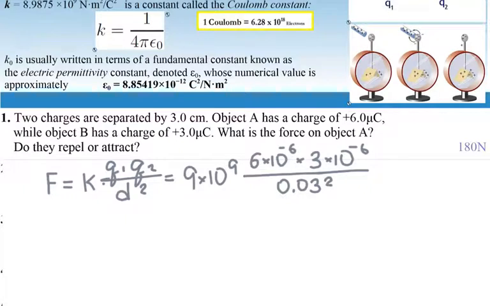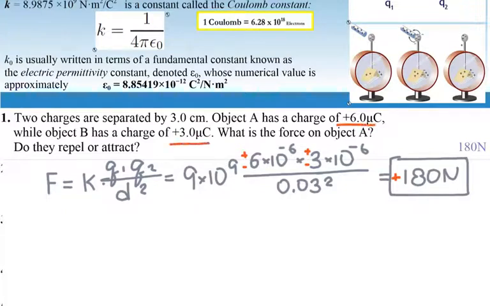If I plug in my numbers, my answer is going to be 180 newtons. A positive answer means they repel, because if you have both positives or both negatives, your answer is always going to be positive. So two charges repel, or if they tell you it's a positive and a positive, you know the answer is going to be positive and it's going to be a repelling force.